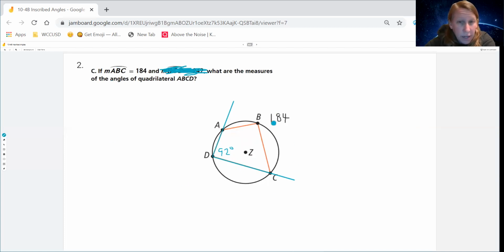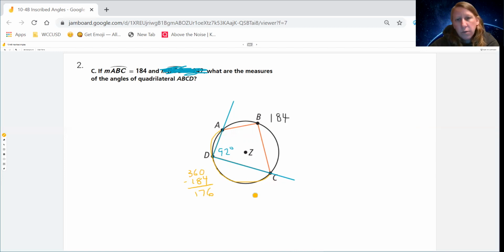And what I can find out with just this information is the rest of the circle. I don't know how much DC is. I don't know how much AD is, but I know that the rest of the way around is going to be 360 minus that 184. Okay, so I learned my lesson. I have a calculator next to me now. 360 minus 184 is 176.